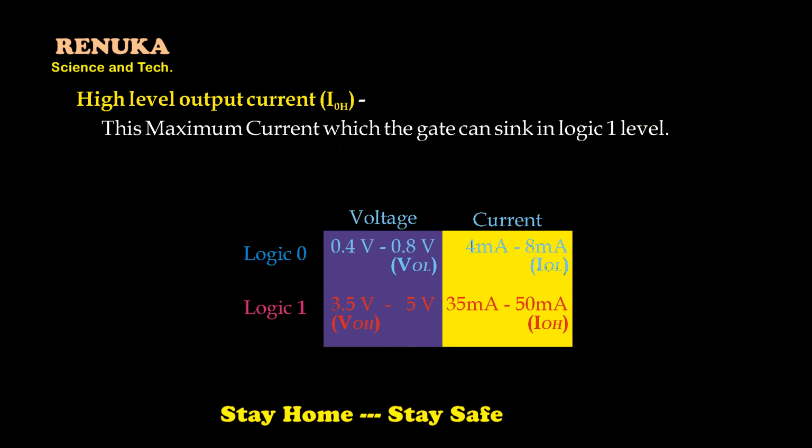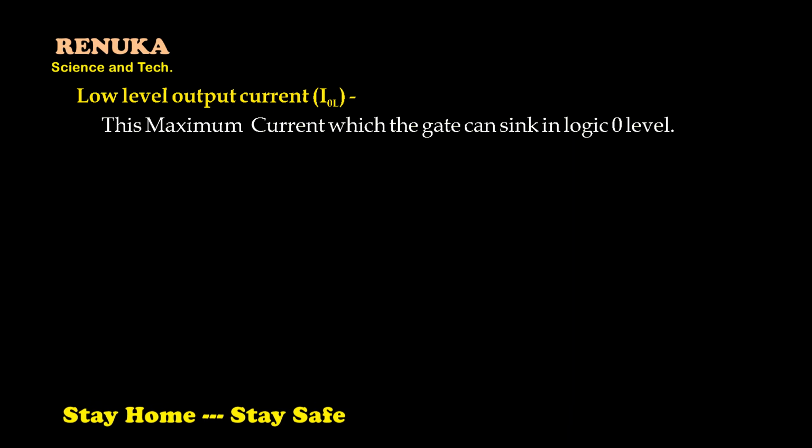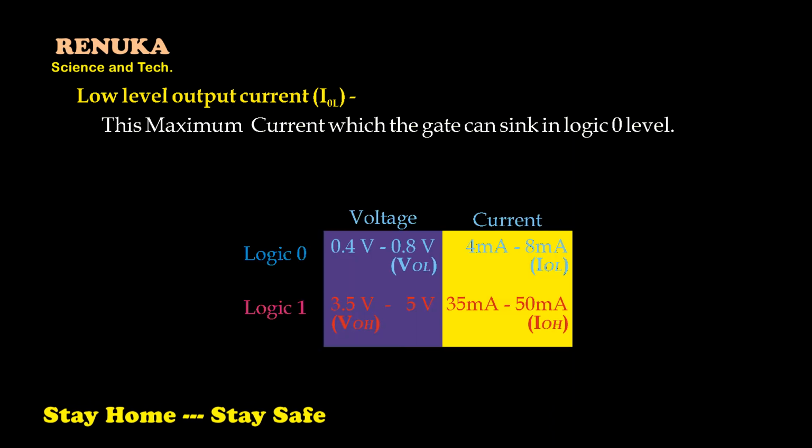So for high level, the current range is 35 milliampere to 50 milliampere. Here the maximum current should be taken, that means 50 milliampere. If that current is supplied by the output of the gate, it will be considered as logic 1. In a similar way, 4 milliampere to 8 milliampere is the range for logic 0. So 8 milliampere is the maximum current, and this will be the low level output current.